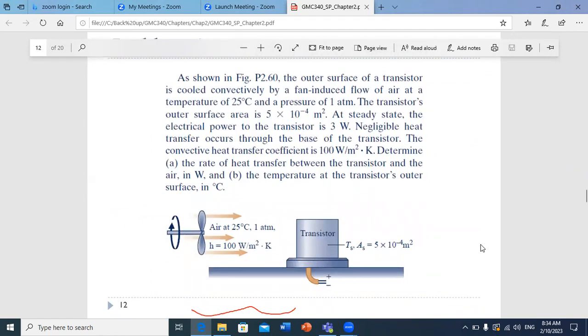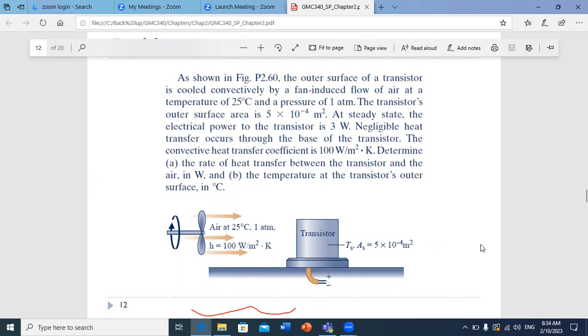Another problem. As shown in the following figure, the outer surface of a transistor is cooled convectively by a fan-induced flow of air at a temperature of 25 degrees and a pressure of 1 atmosphere. The transistor's outer surface area is 5 times 10 to the power minus 4 meters squared.